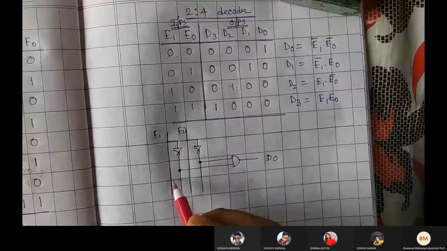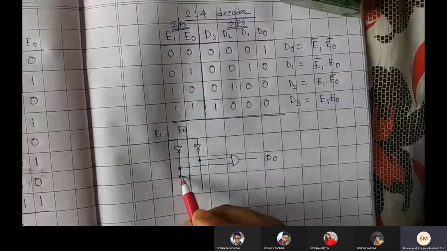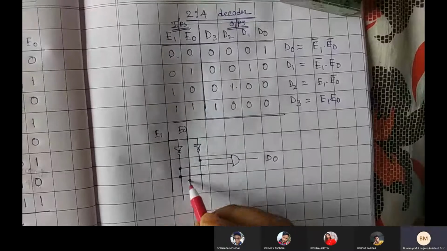Similarly, E1 bar, E0 will provide you D1, right?